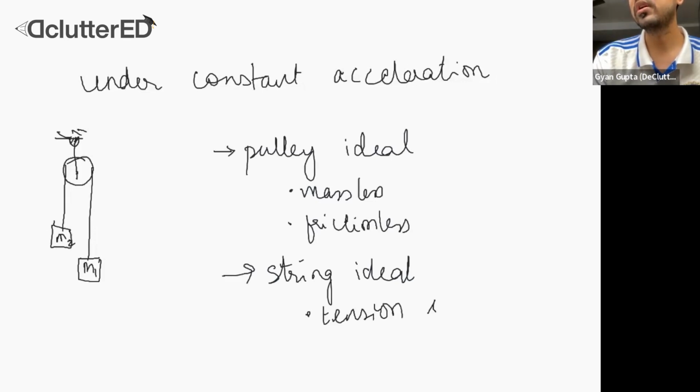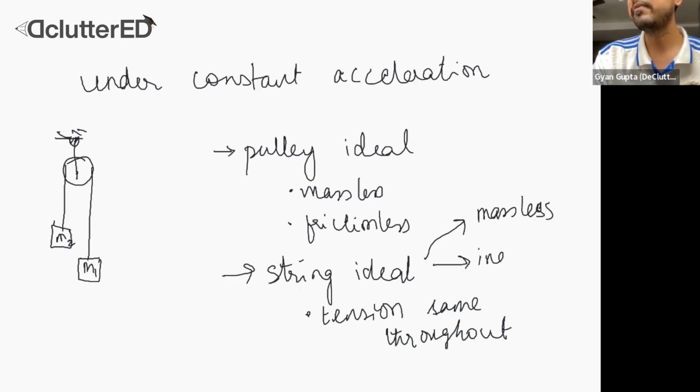And what constitutes an ideal string? It is massless and it is inextensible, which means strain is zero.